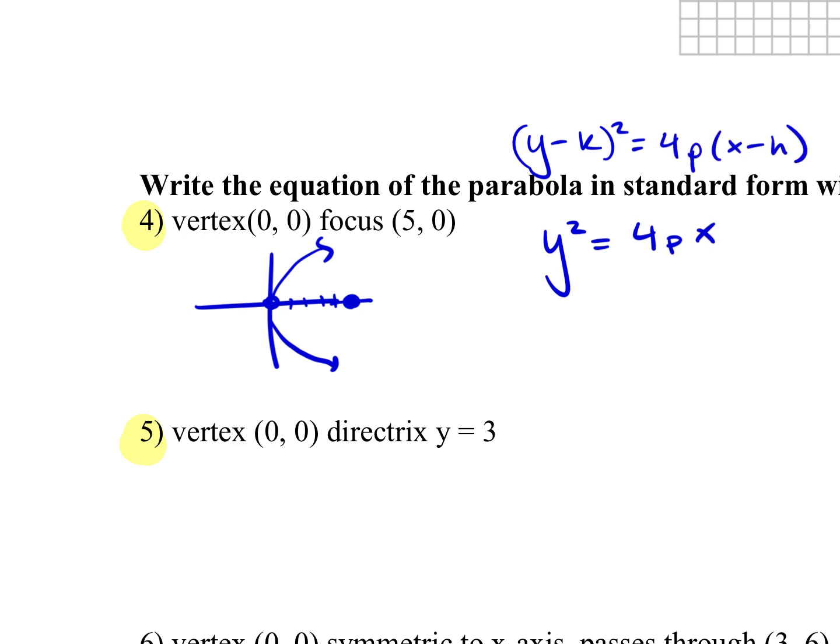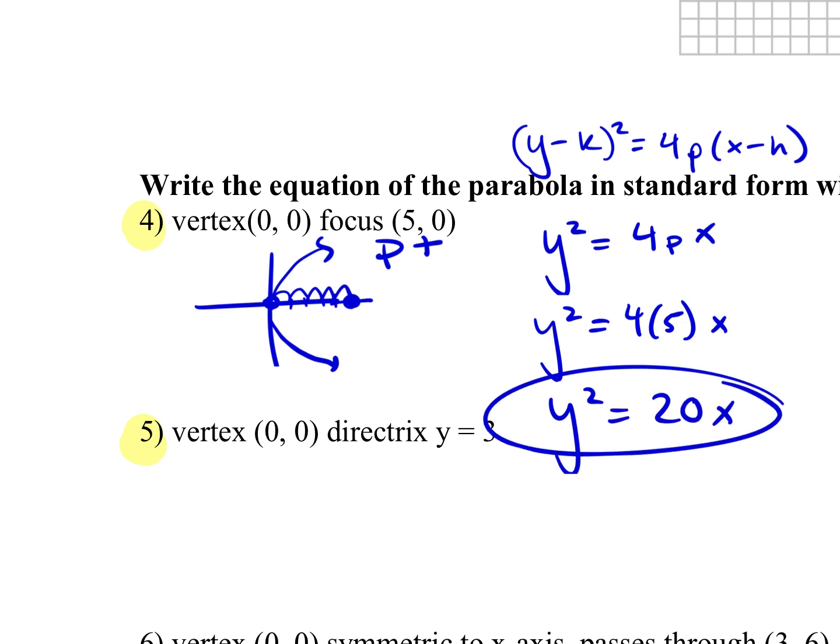So again, formulas are going to be given to you, so don't stress about remembering the formulas. Just know which one's which. Is p positive or negative here, if it opens to the right? P is positive. So p is the distance from the vertex to the focus. So that would be 1, 2, 3, 4, 5. P would be 5. So y squared equals 4 times 5 times x. Y squared equals 20x. So that would be our equation.